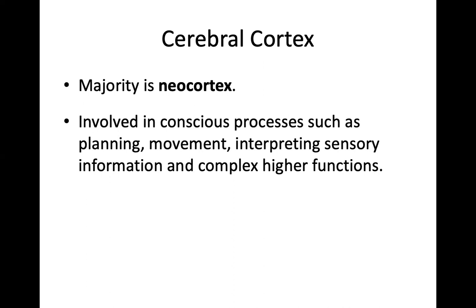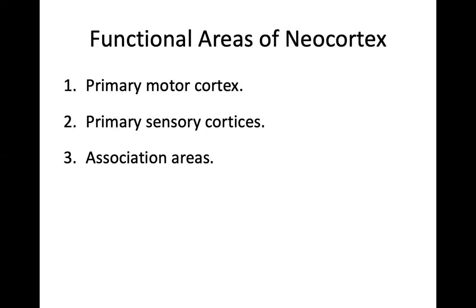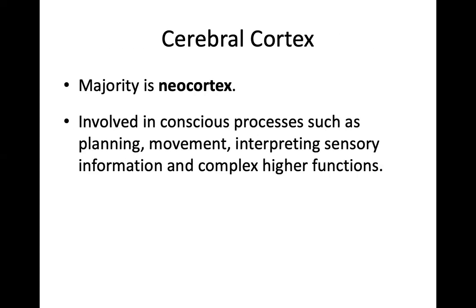We humans do these things that most animals cannot do: planning, movement, interpreting sensory information, and complex higher functions like mathematics, calculus, physics, chemistry, biology. The things we are learning, we humans can do because of this neocortex, the cerebral cortex.